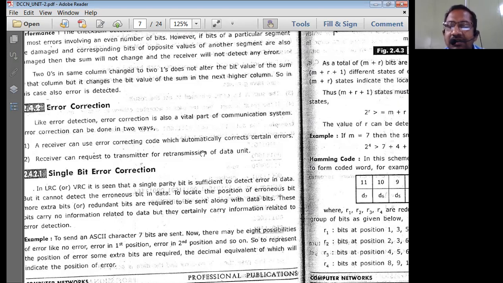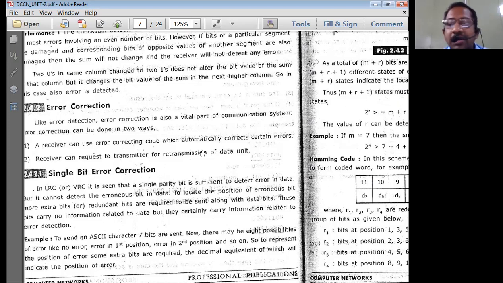If the receiver finds 0 after recalculation, then it finds that there is no error in the transmitted bits. Similarly, same is the case with the checksum. At the receiver side, if the receiver finds 0 after finding its own checksum, then the receiver understands that there are no erroneous bits.